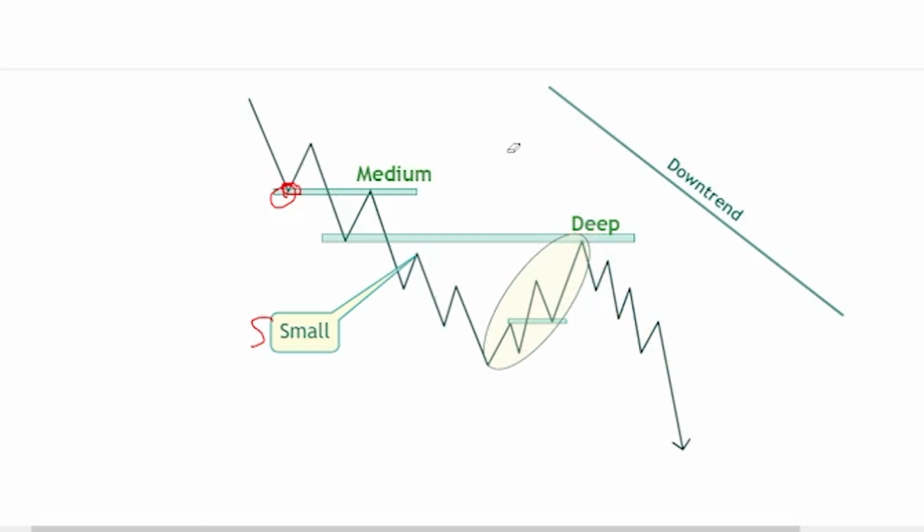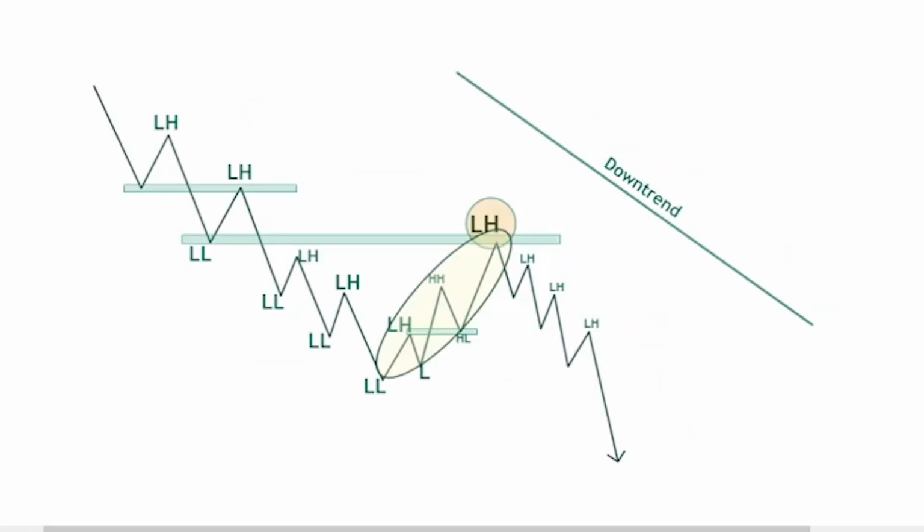So a deep pullback, that's where you have possibilities to trade against the trend. Let's explain our good example here. As I've been talking about, we are making lower lows and lower highs. Remember, this is a medium pullback because we tested from this area. Internally here, we continue to move down, but we didn't come to retest the previous low.